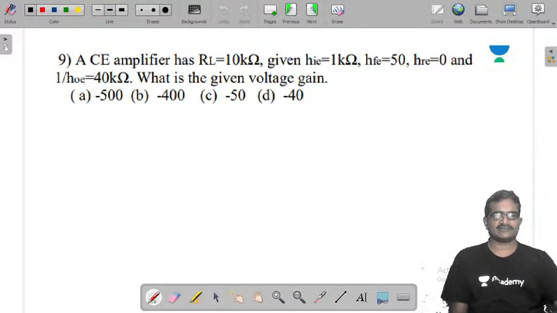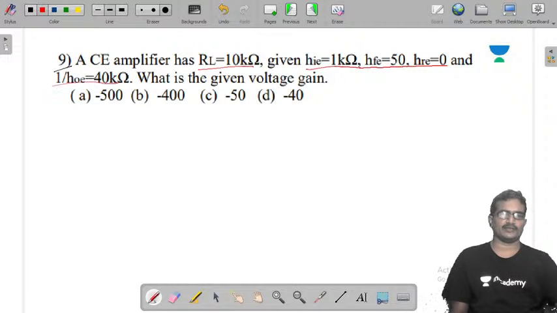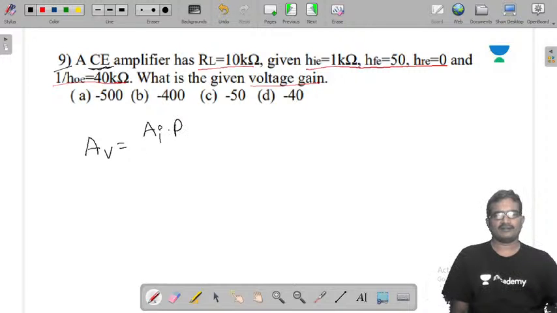Next, a CE amplifier has load RL 10 kilo ohms, and they gave hie 1 kilo ohm, hfe 50, hre 0, and 1 by hoe 40 kilo ohms. What is the voltage gain? Simple, sir. Clearly they mention it is a CE amplifier. For a CE amplifier, voltage gain AV is AI into RL dash by Ri.